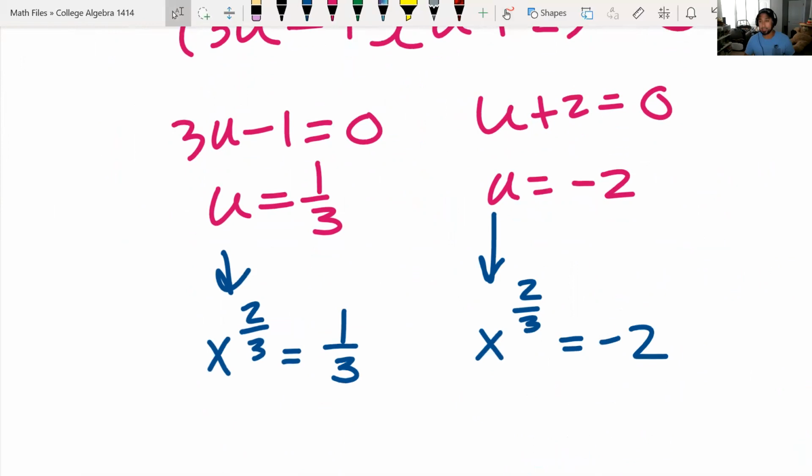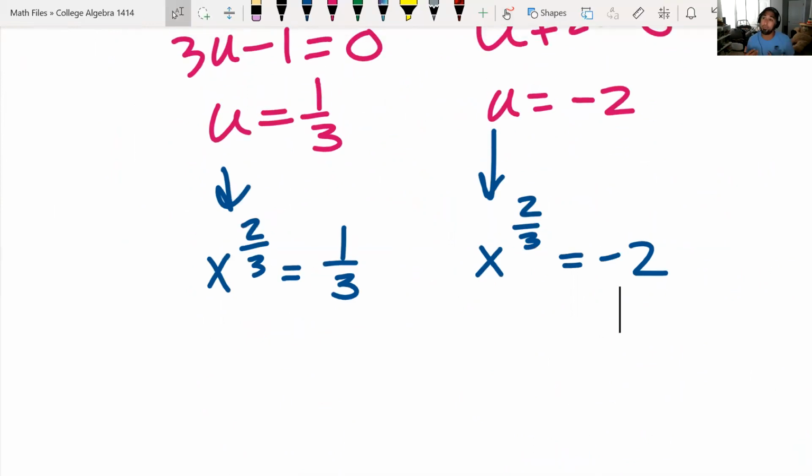And I said it when we had the 1/4. So I said to get rid of a rational exponent is to raise it by its reciprocal. So this is going to be the same situation here. To get rid of that 2/3 power, raise both sides by its reciprocal, 3/2.